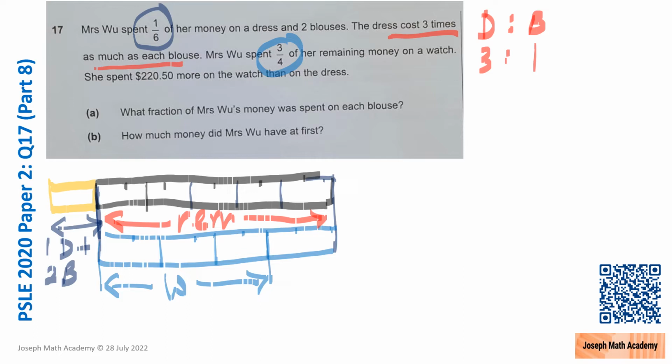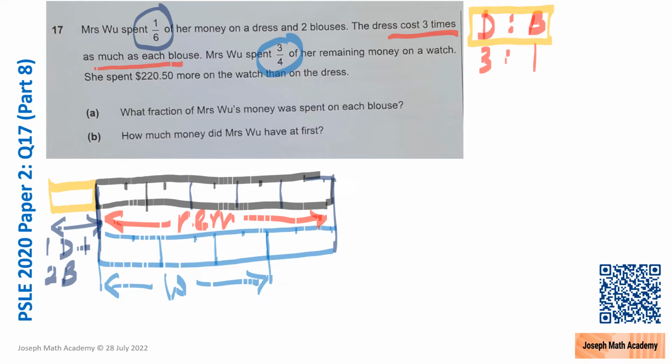The one in orange is the money spent on 1 dress and 2 blouses.